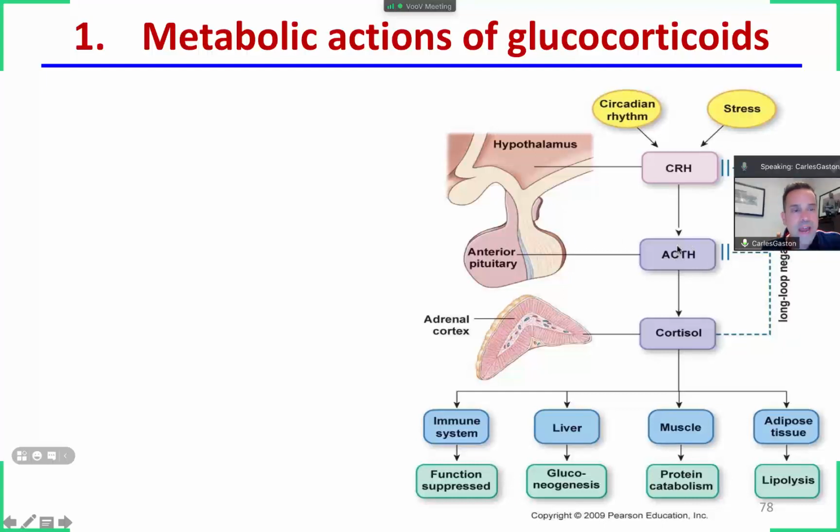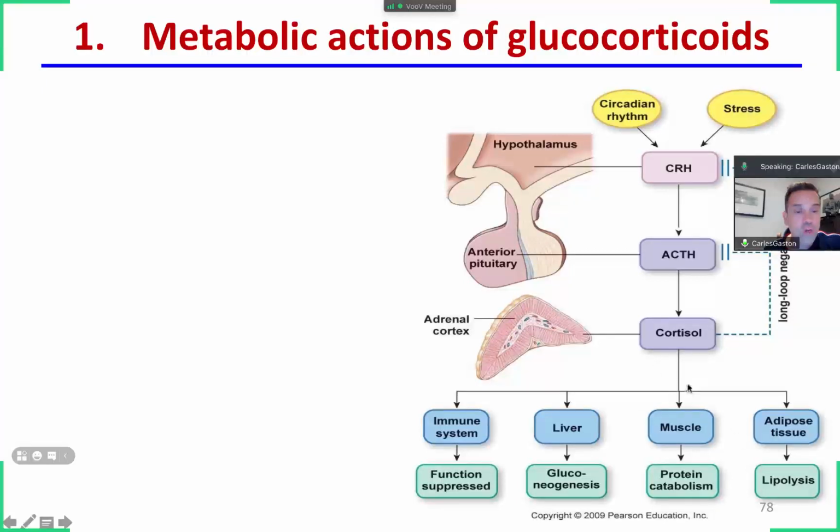to produce ACTH, which in turn will tell the adrenal, in the zona reticularis and fasciculata, to produce high levels of cortisol, okay?